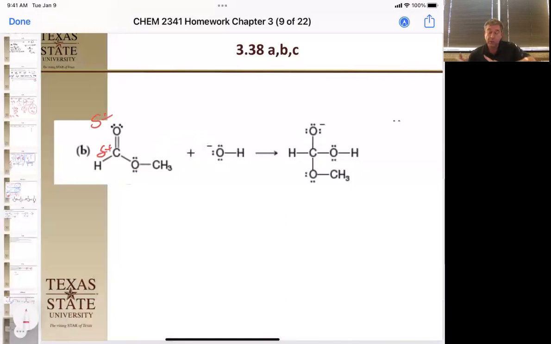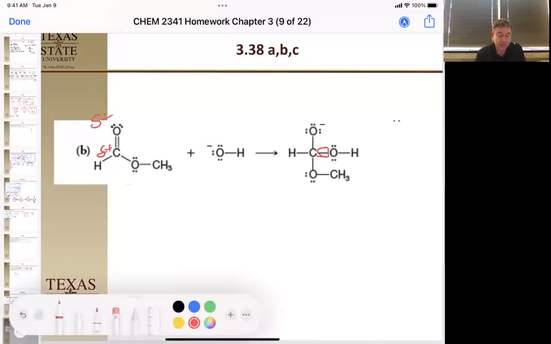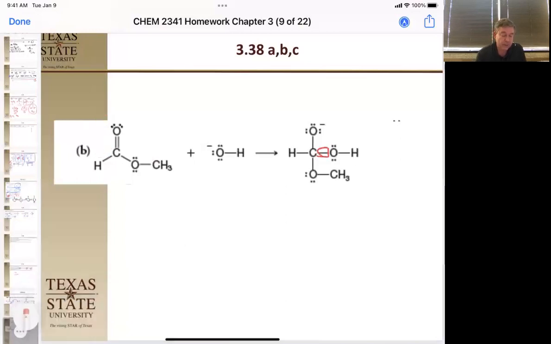Now, let's also look at the product side. Look, there's a new bond right here, and the bond is on the carbon. So we know those electrons are going to attack a carbon, and now we know why: that carbon is partially positive. So let's go find our electrons that are going to do the attack.